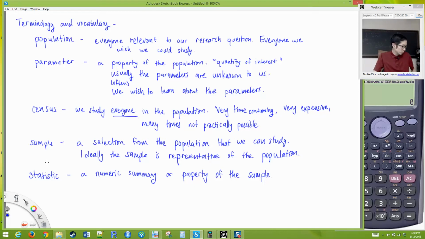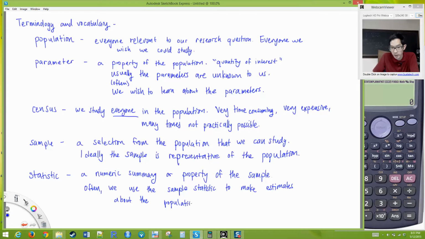And often these statistics are used to estimate the parameter. Often we use the sample statistic to make estimates about the population parameter.